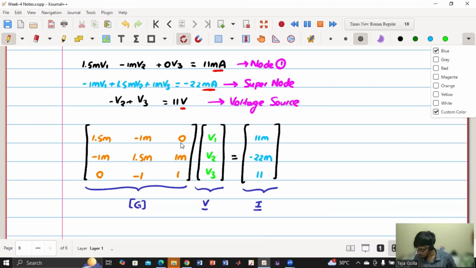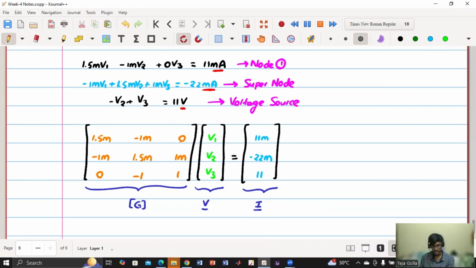Yes, let me write one important thing. So this is Siemens. This is also Siemens. This is also Siemens. This is also Siemens. So that's why this is ampere, and this is volt. So now the dimensions are properly matching, right? Because this is not just a constant. This has a dimension of millisiemens.